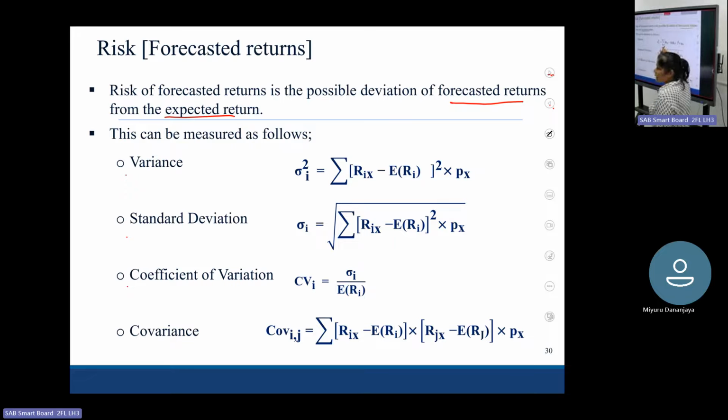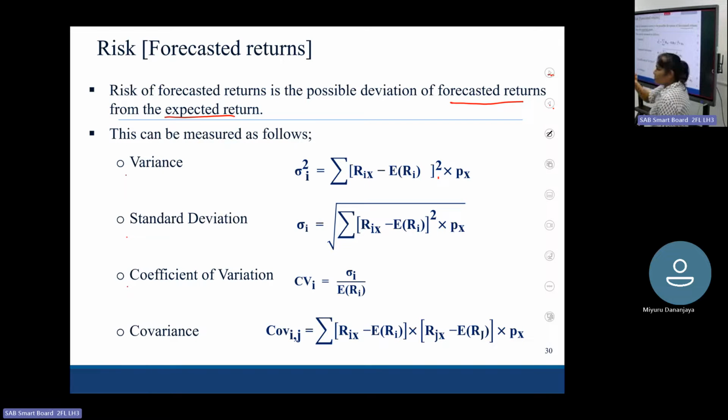Forecasted return of stock X under the second state of economy, its deviation from the expected return, squared, into the probability of happening the second state of economy.